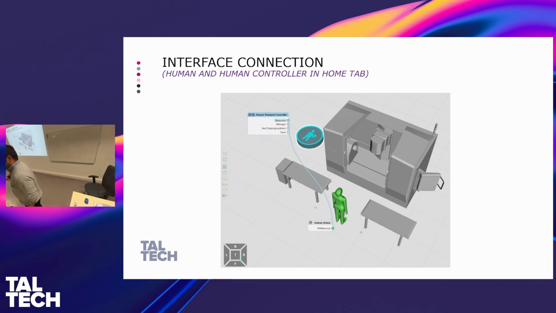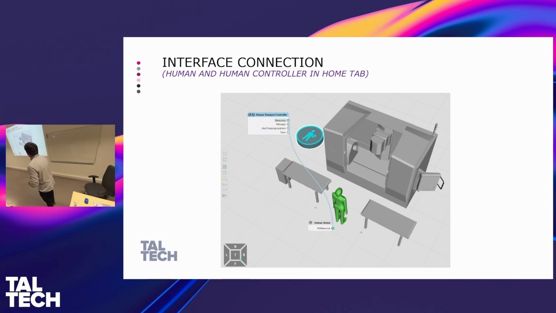So we must have a different controller, not the robot controller, but the human transport controller. Then we need to connect them so that they have some communication going on, so that they work happily, I hope. But okay, this is if you have done it by yourself, otherwise I will go through it.